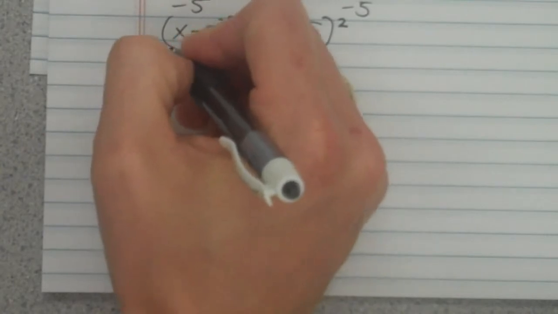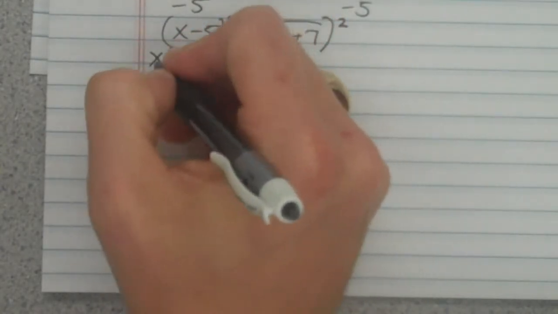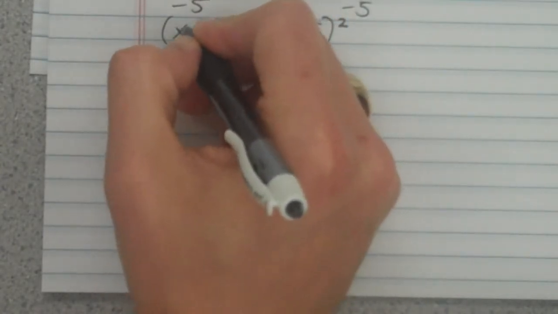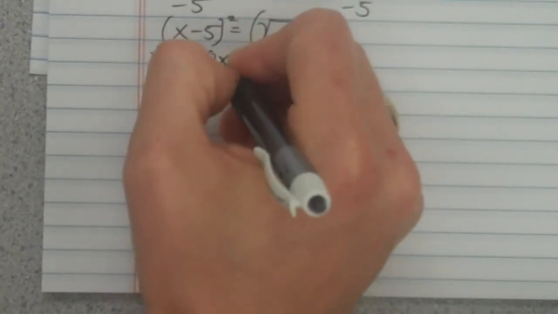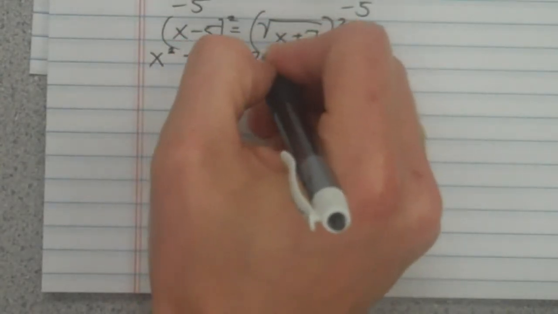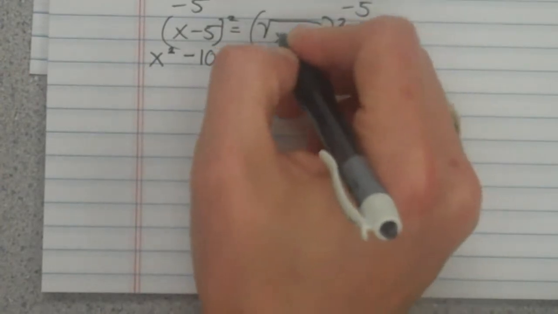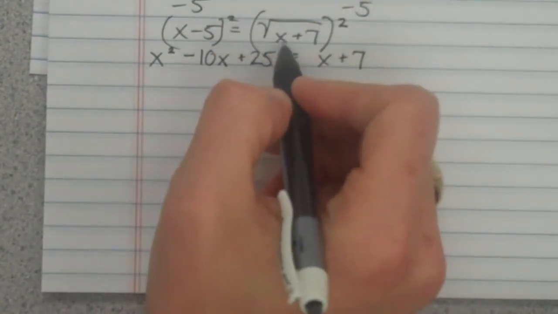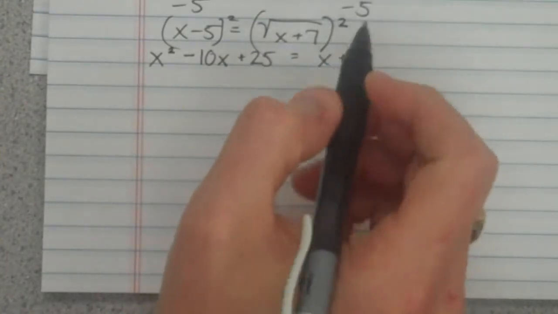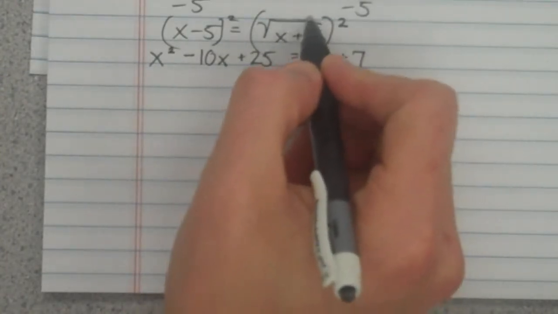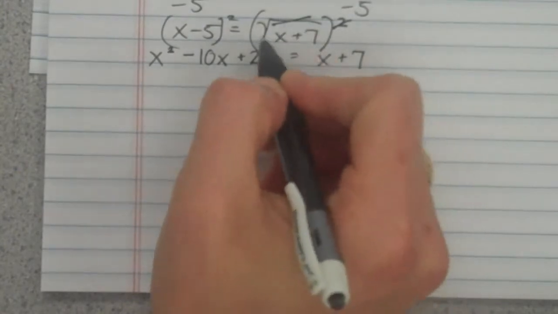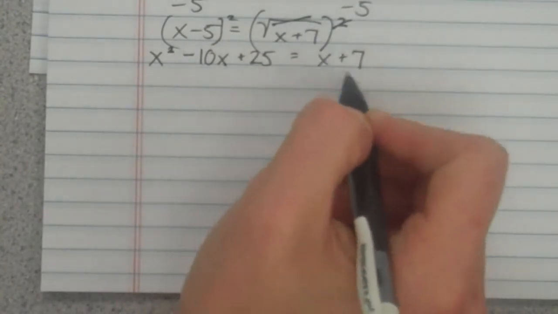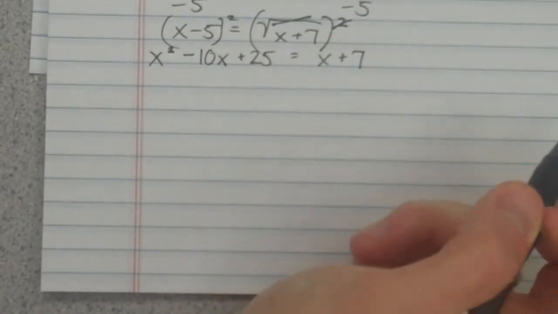I'm going to use the process that I taught you. Square the first one, then this times this times 2, which is negative 10x, then square the last one. And that equals x plus 7. You might be tempted to square this side or do something crazy, but the square and the square root basically cancel each other out, leaving whatever is inside exactly as it is. So x plus 7, x plus 7.